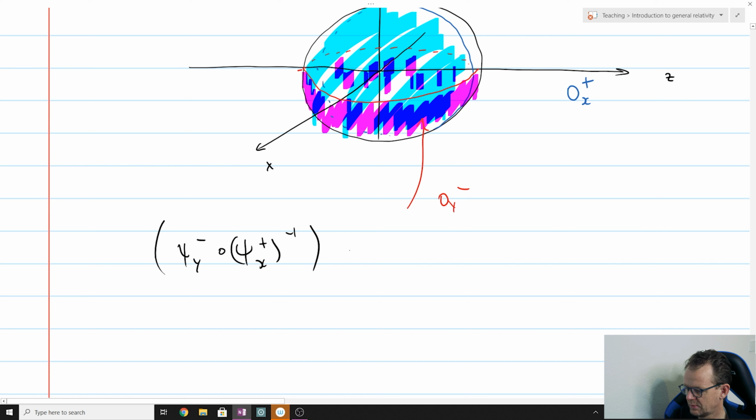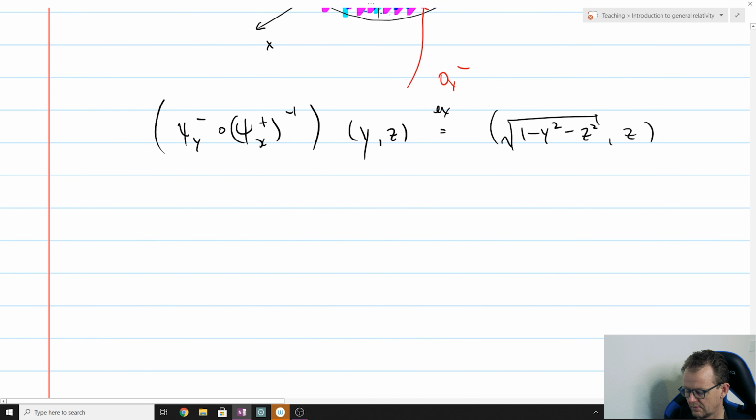So, for example, you could look at the transition function that goes from O alpha plus to OY minus, and it's an exercise to show that this function is given precisely by this formula. Sorry, when I said O alpha, I should have said U alpha.